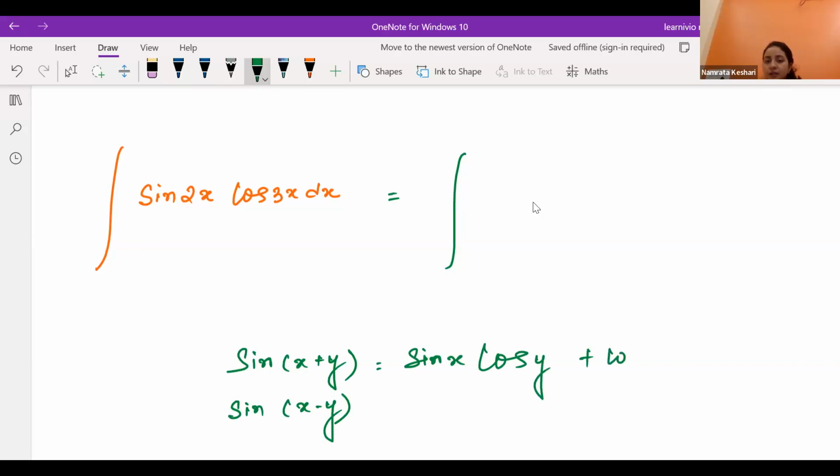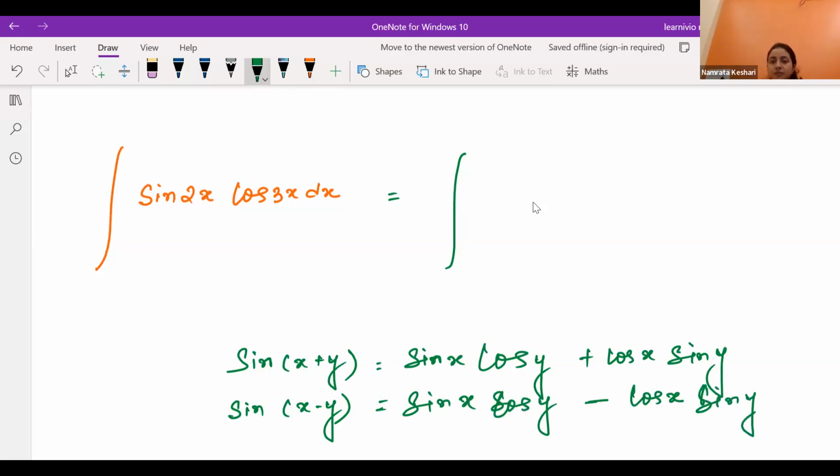If we add these two equations, we can see that this one and this one will get cancelled out.